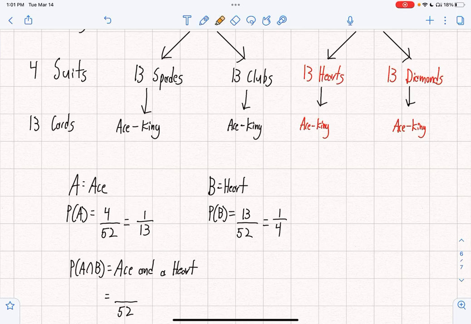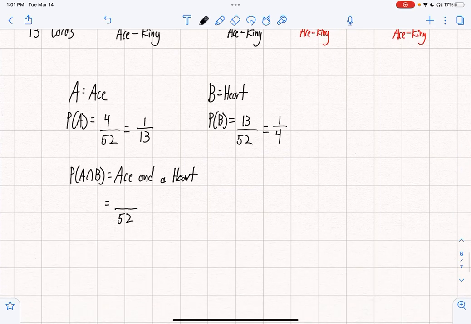Well, there are 13 hearts, and there is one ace within the 13 hearts. So that means there is only one ace of hearts. So we have 1 out of 52. So we can see right away, because this is still not 0, these two events are not mutually exclusive, right? There is, in fact, an ace of hearts. Therefore, these two events are not mutually exclusive.